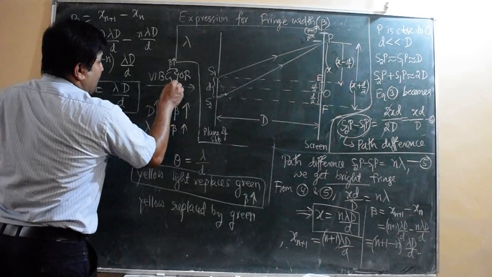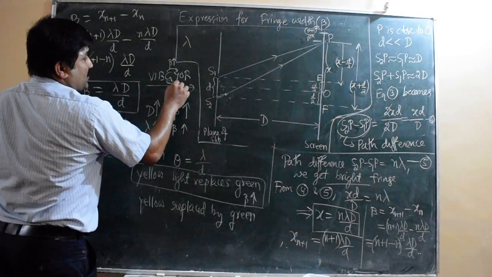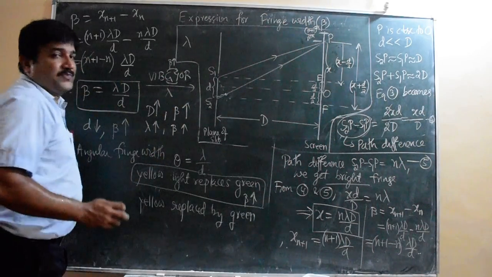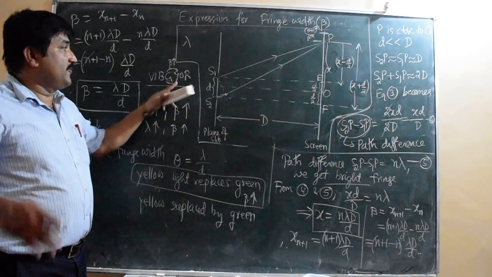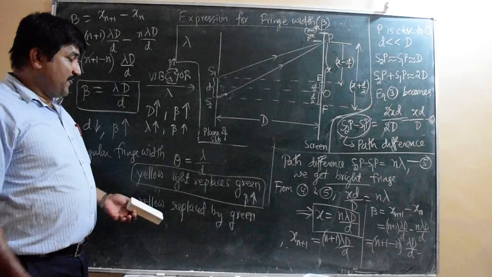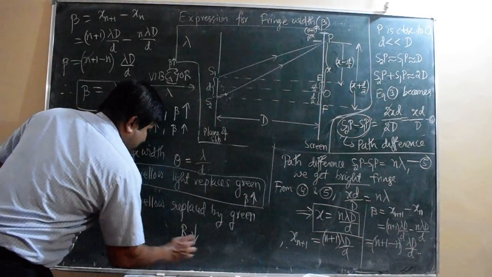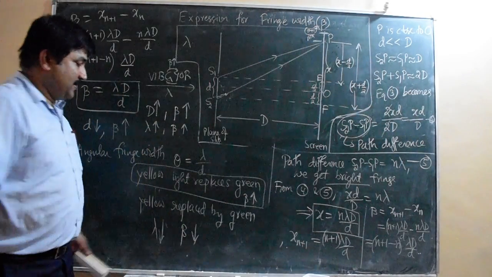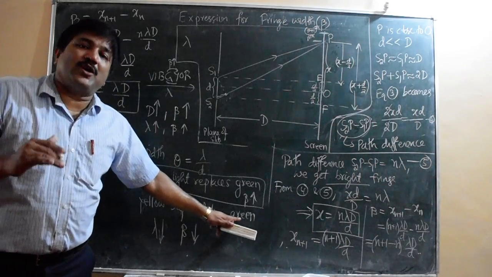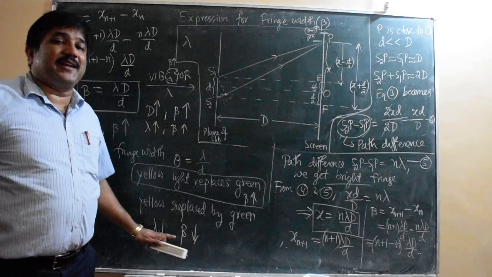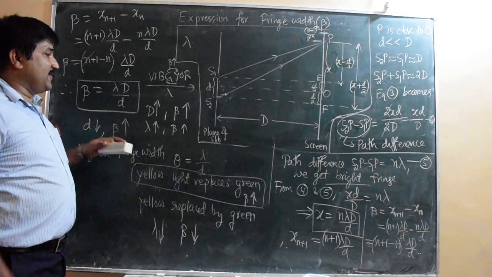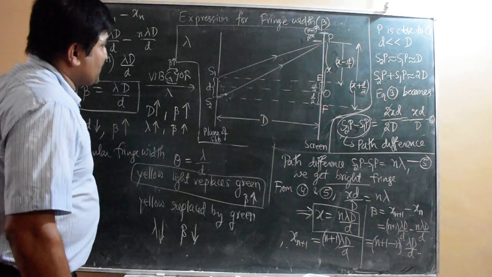So yellow to green is the reverse. In that case wavelength decreases. Green has a shorter wavelength compared to yellow light, so the fringe width beta decreases. This is how the wavelength affects the fringe width.